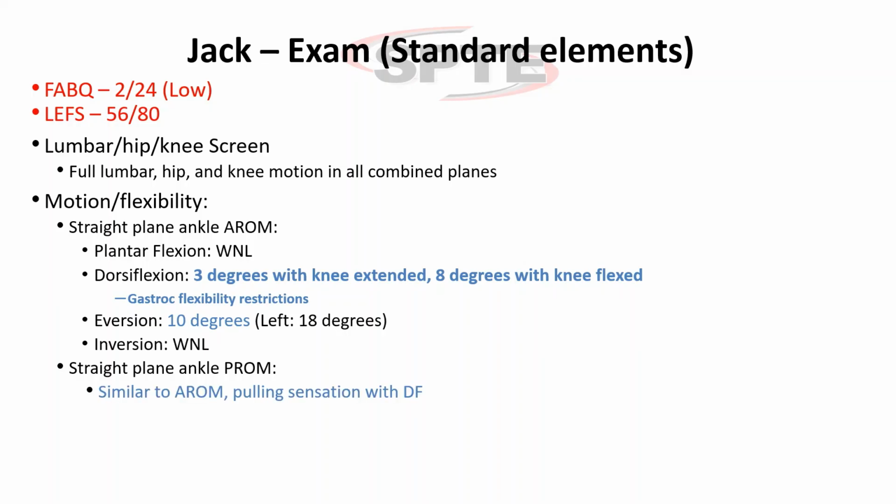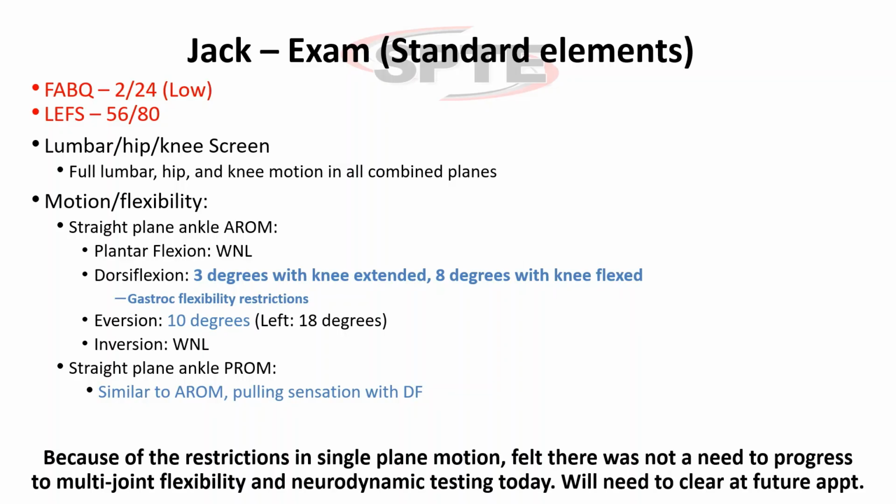Straight plane passive range of motion was similar to active range of motion, had more of a pulling sensation when we provided that extra little movement with dorsiflexion. Because of the restrictions in the single plane motion, we felt there was no further need to look at the multi-joint flexibility and neurodynamic testing. But something to keep in mind that we'll probably clear for a later date.